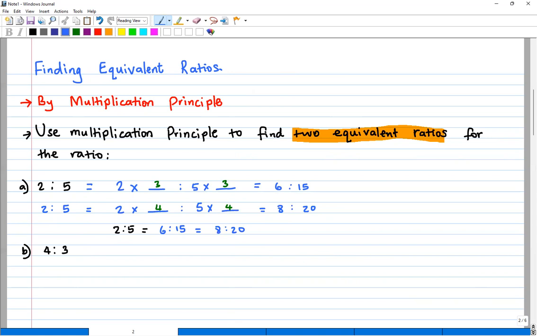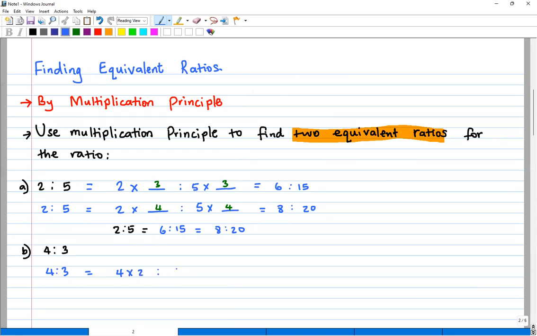Okay, let's try part B, where we have 4 to 3. We need two equivalent ratios. Okay, we are having 4 to 3. So let's get the same number that we can multiply with. Let's say we multiply by 2. So we get 4 times 2.